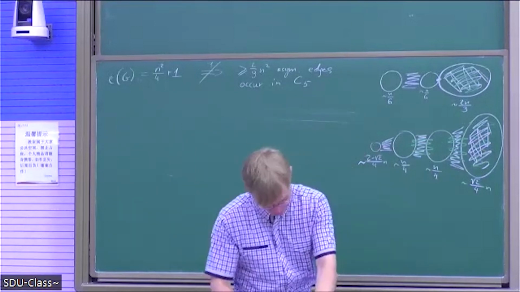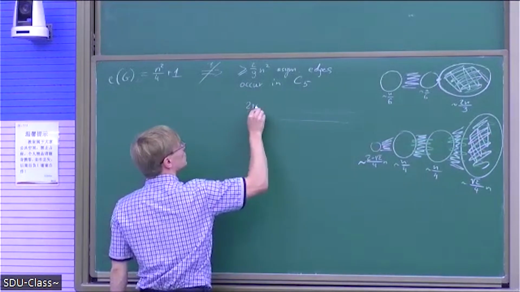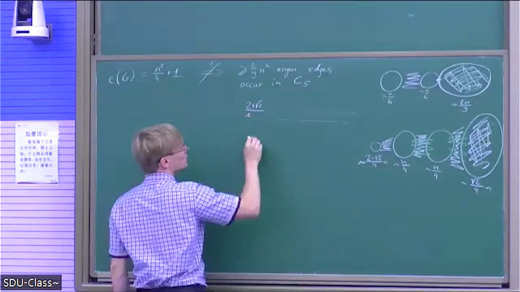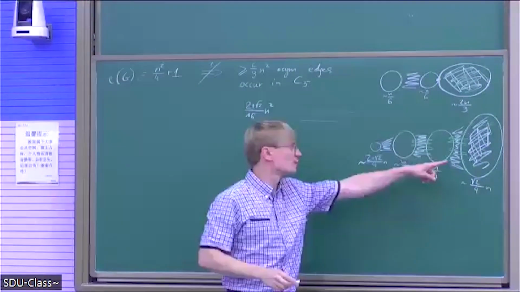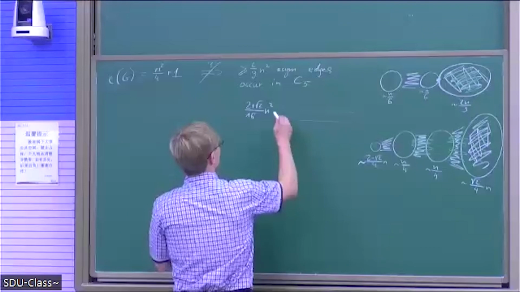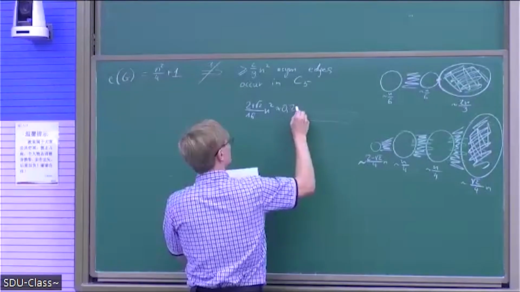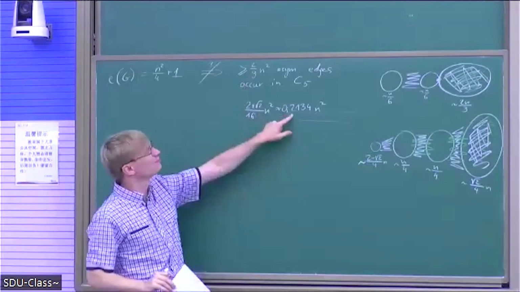If you count it, it turns out that 2 plus √2 over 16, times n squared, edges are the green edges that appear in 5 cycles, and this is roughly 0.134 n squared, which is a bit smaller.